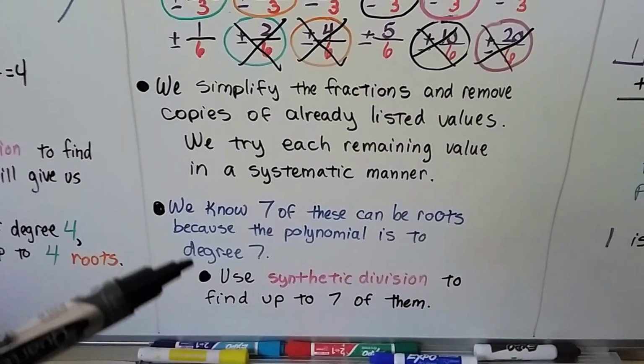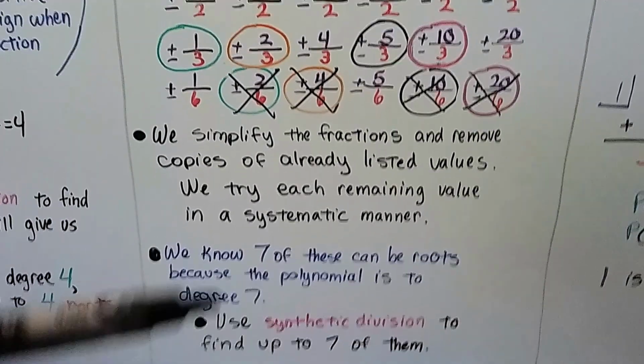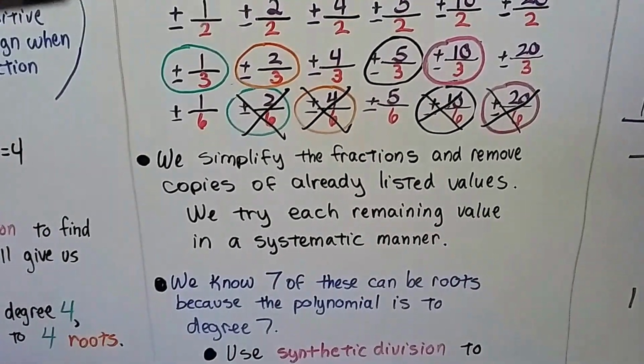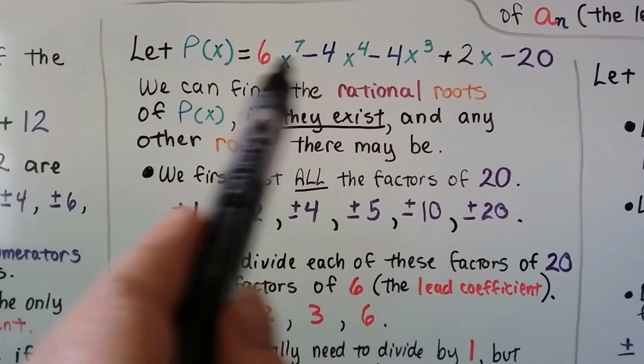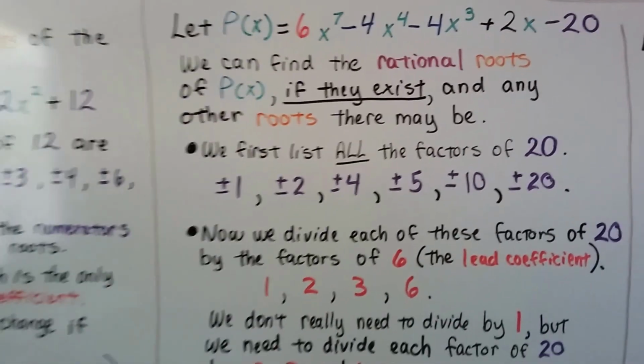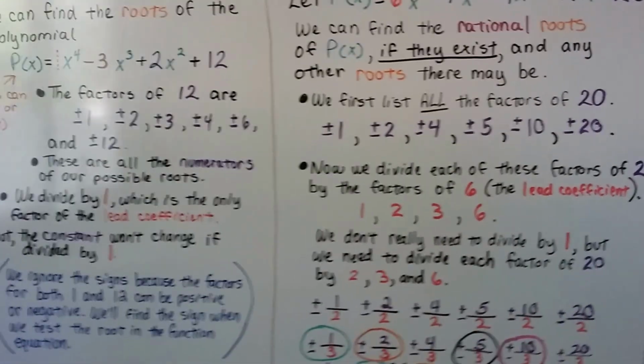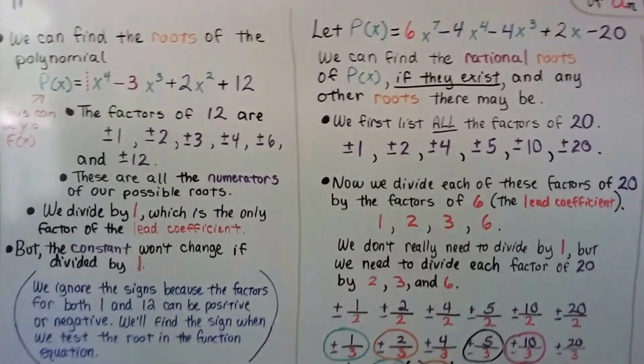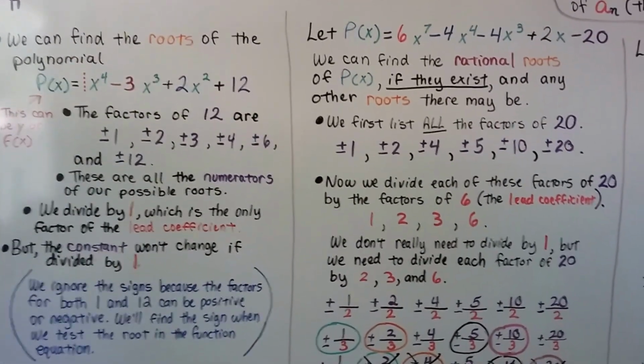And we use synthetic division to find up to 7 of them. So we slowly take each one and do synthetic division into this polynomial to try to find a remainder of 0, all right? So now you should understand the starting of the rational roots theorem, okay?